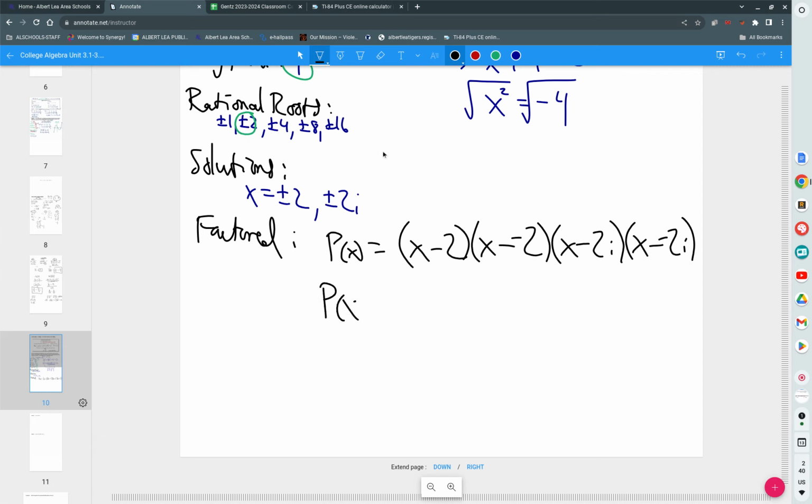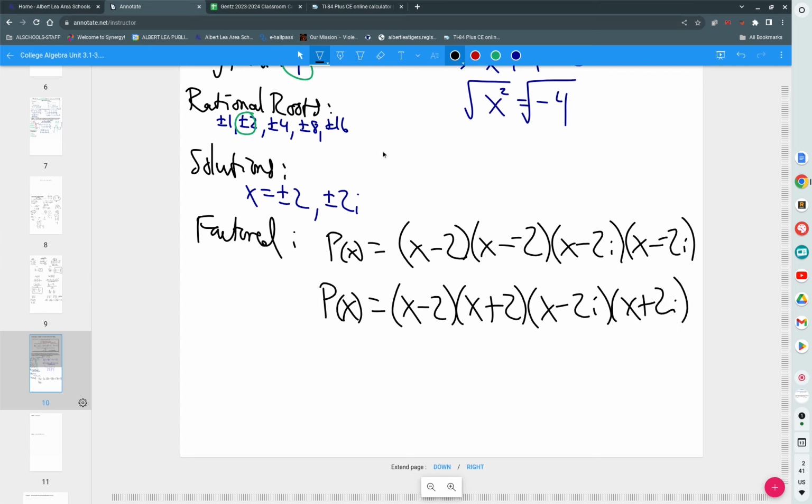But I want you to understand that the fundamental theorem of algebra says you can write it as x minus. So this will be an x minus 2 and then an x plus 2, x minus 2i and x plus 2i. That's factored form. Everything factors. Questions?